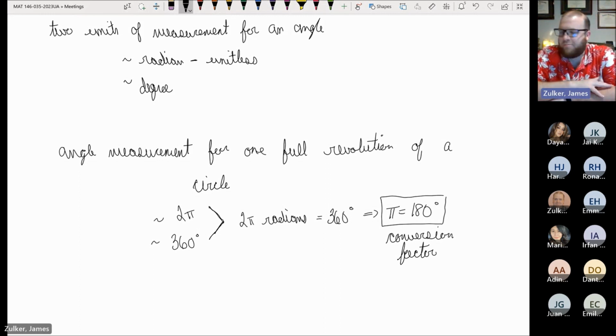That's our conversion factor. Now, that's the equation that we will use whenever we want to convert between radians and degrees and vice versa.